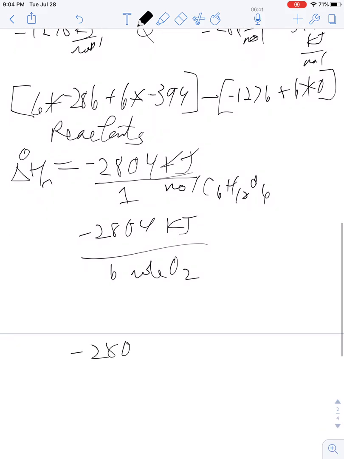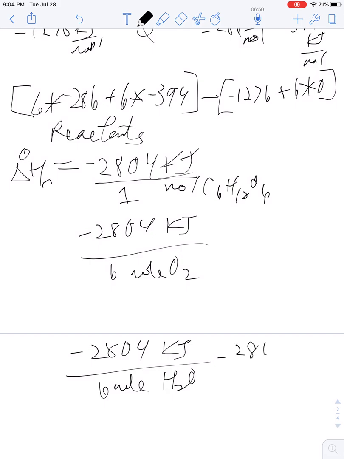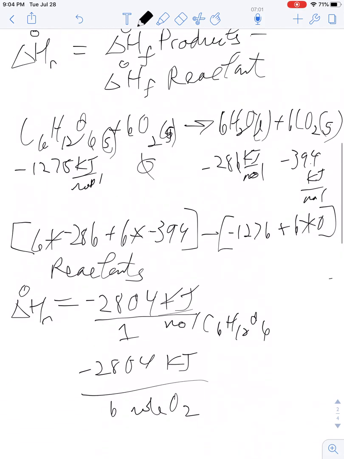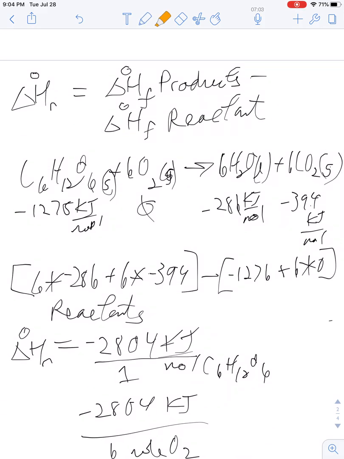It's per 6 moles of water and 6 moles of CO2. So you have to take that into account. What is the mole number out in front of the substance? Okay?